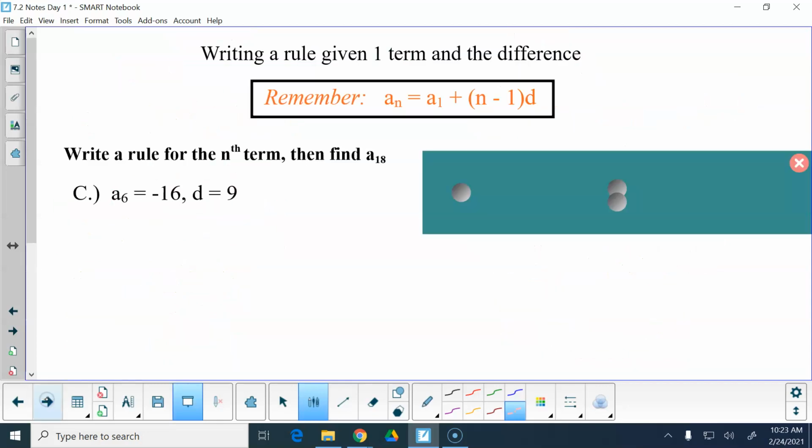Okay. Another style of problem would be one like this, where I give you any term in the sequence and I give you the common difference. So what this is saying is that the sixth term is negative 16.